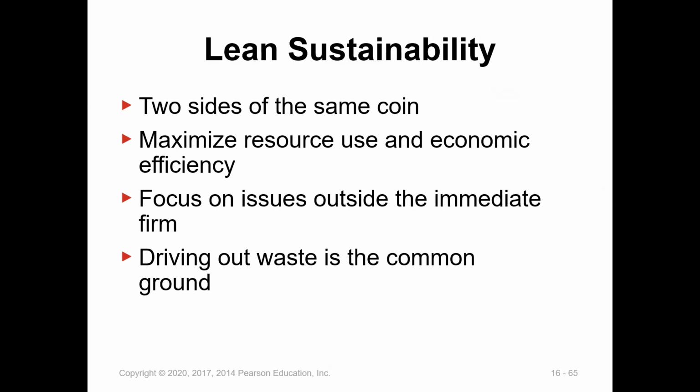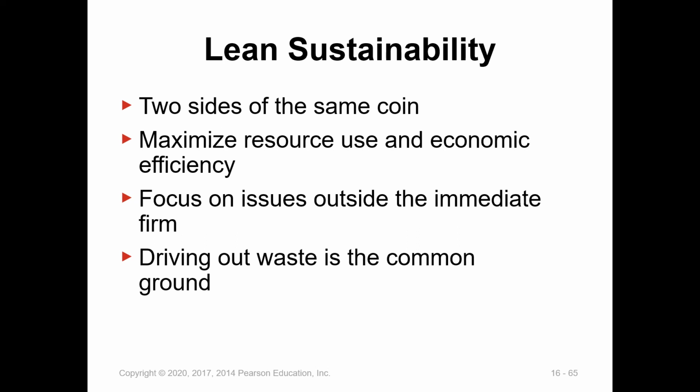Like, you know, in lean, we reduce the waste. Defective parts, that means we are saving natural resources, reducing energy use, water use, movement. That's exactly what sustainability means. Two sides of the same coin. Maximize, that's what we said, resource use and economic efficiency.